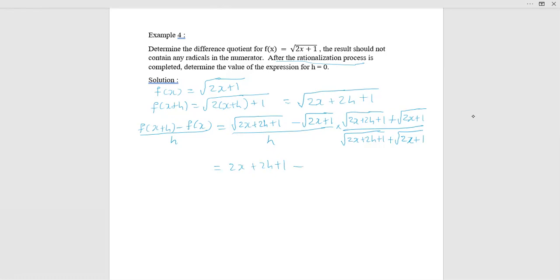This is divided by h. Positive 2x and negative 2x cancel out. The positive 1 and negative 1 cancel out. We get 2h over h. Then h over h cancels out and we get 2.